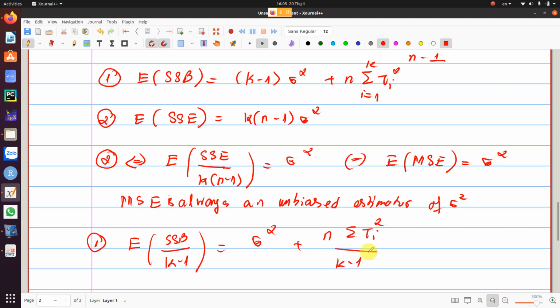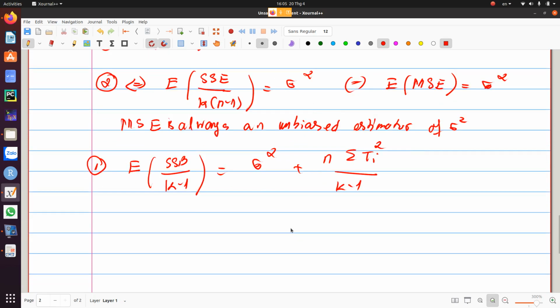So now we can recognize that if H0 is true, remember that in a hypothesis test, always the first step, the null hypothesis H0 is assumed to be true.